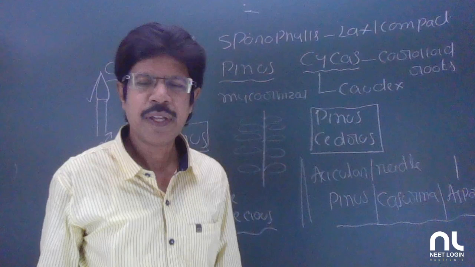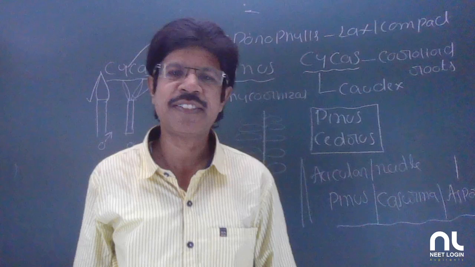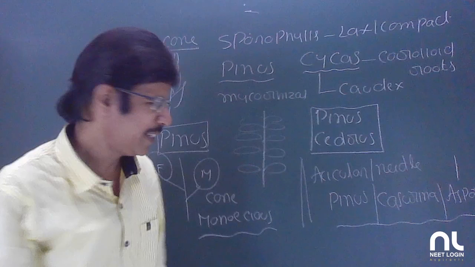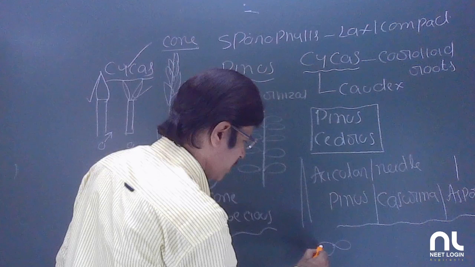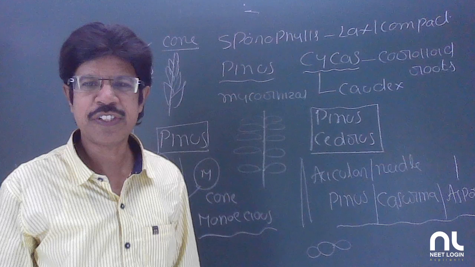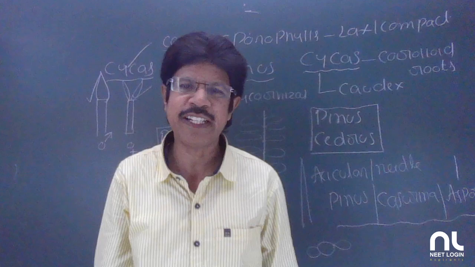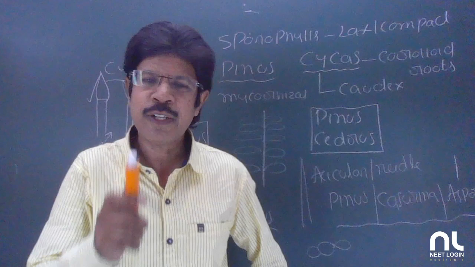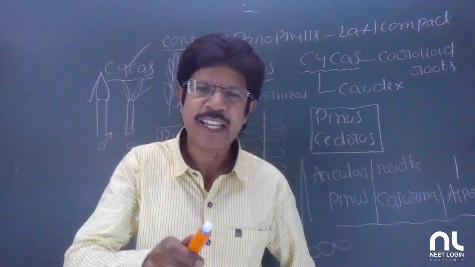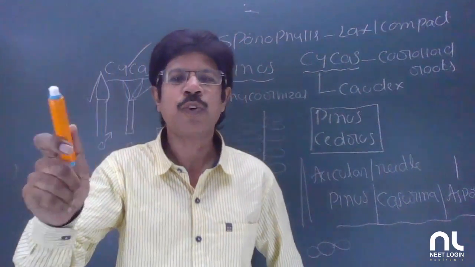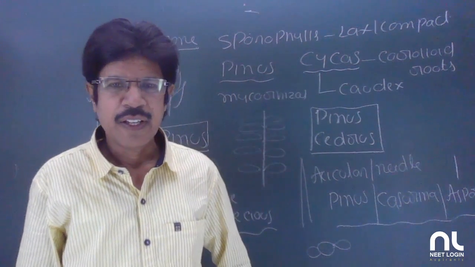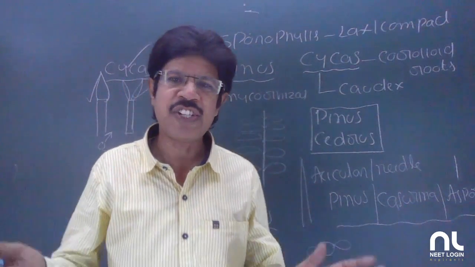So Pinus is a monoecious sporophyte having acicular leaves, with winged pollen grains. Three features: winged pollen grains are present in Pinus, mycorrhizal roots are present in Pinus, and Pinus is a monoecious sporophyte. Gametophytes are dioecious.